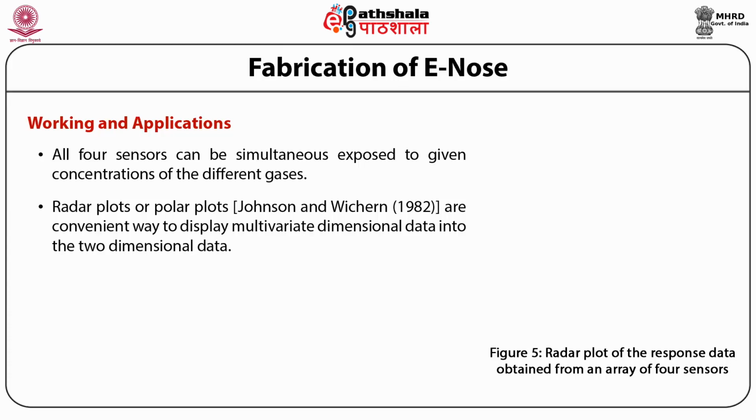The axis for each feature radiates from the origin at equal angles, and the magnitudes of the features are joined by straight lines. A typical radar plot of the response data obtained from an array of 4 sensors is shown in this figure.